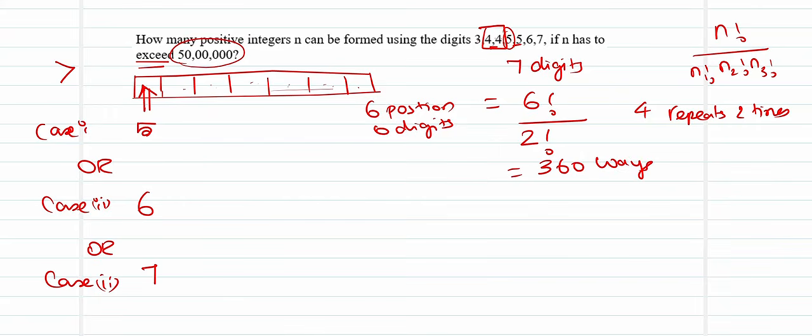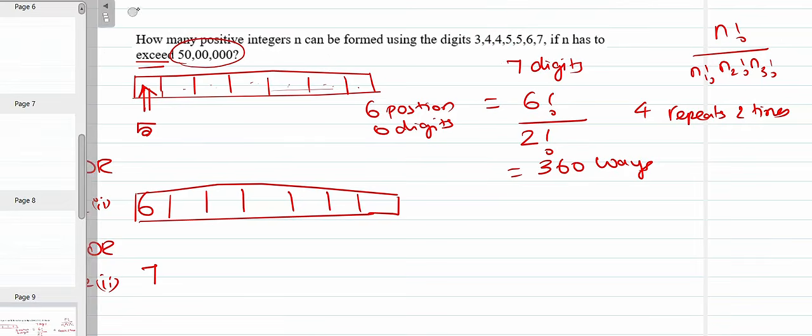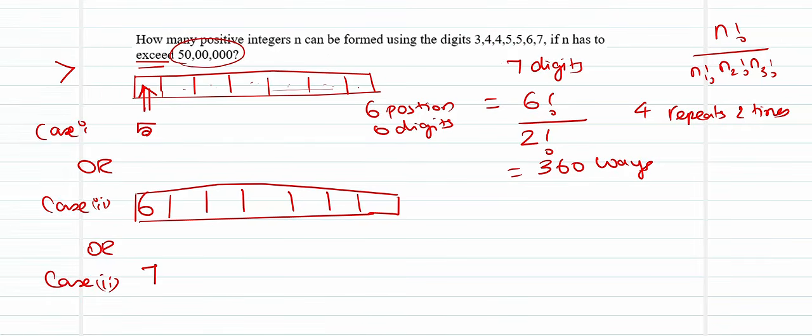Now coming to the case of 6, the first digit is fixed with 6, and then you have 6 remaining spaces. If I fix it with 6, then the remaining 6 places can be occupied by 3, 4, 4, 5, 5 and 7.